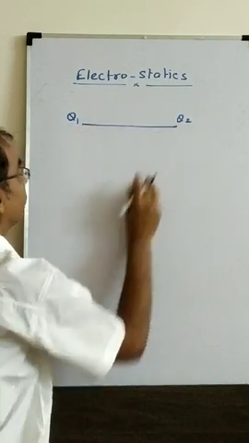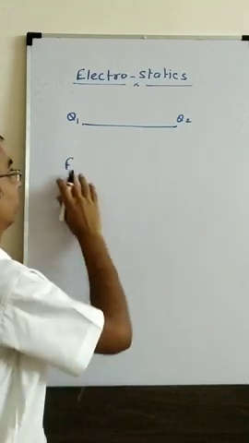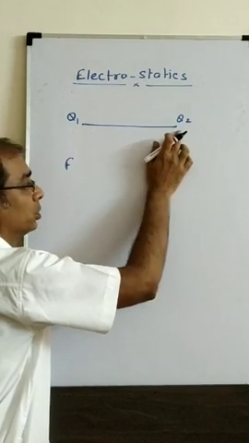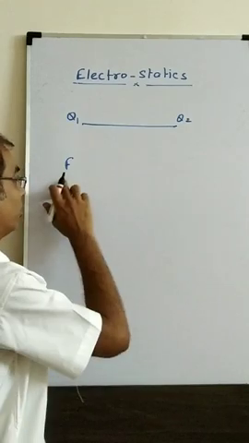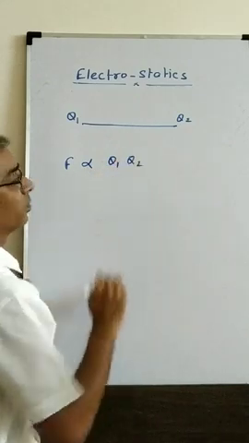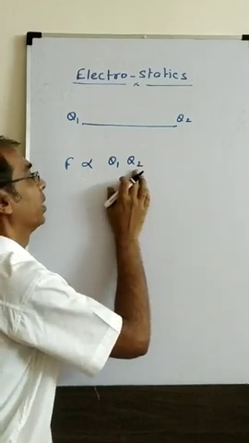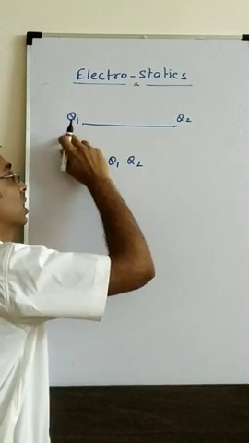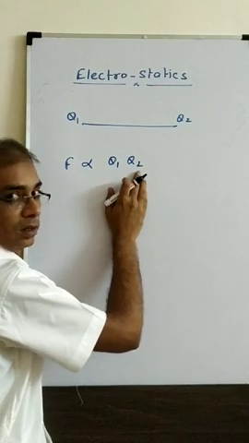When the forces were measured, it was found that the force on Q1 due to Q2 and on Q2 due to Q1 is equal, and opposite. But that force magnitude is directly proportional to the product of magnitude of two charges. That means if this charge is increased, force increases. If you are decreasing those charges, force also is getting decreased.